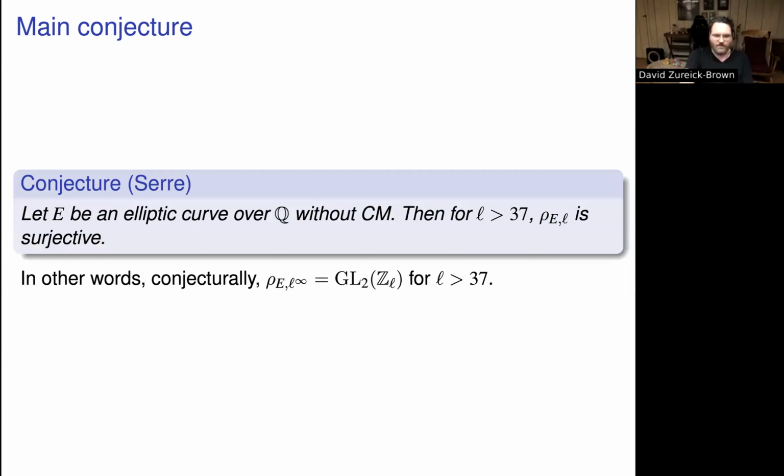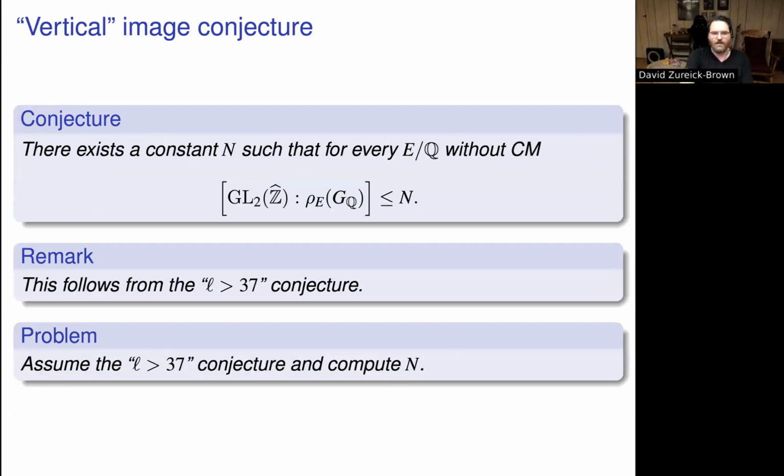And our version of this is, don't just look mod l or l-adically, ask when is the image everything, when are the representations surjective, and what are all the possibilities? So it follows from the fact that the genus of these modular curves goes to infinity that, assuming Serre's conjecture, there's some absolute constant such that every elliptic curve without CM has image of index bounded by this constant.